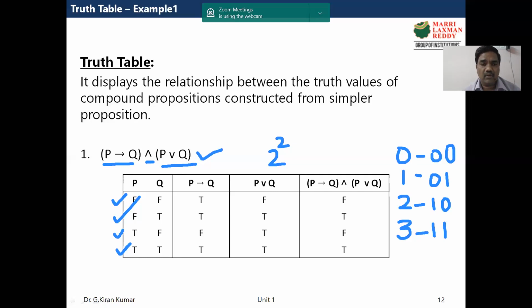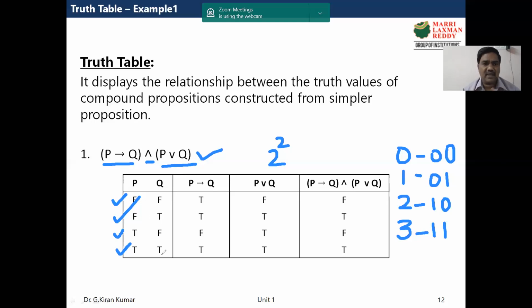Here, the first row is false false, nothing but 0 0, then false true is 0 1, then true false is 1 0, and true true is 1 1. This is how I first take combinations of truth values for all the propositions. With 2 propositions, I have 4 combinations: false false, false true, true false, and true true. I recommend every one of you to follow this pattern.